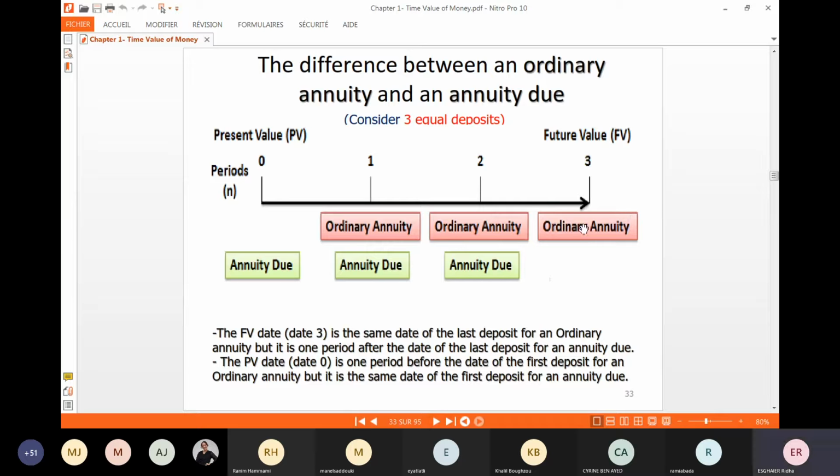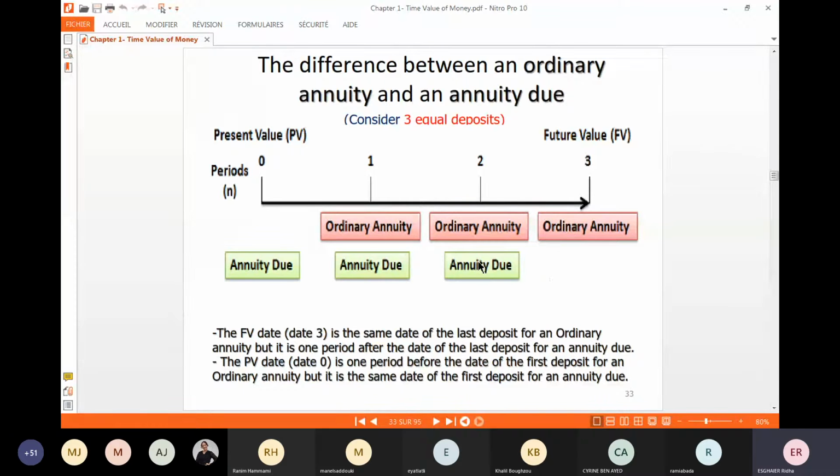Now, when the first amount of the annuity to be paid or received occurs today, the present value date coincides with the date of the first amount. In this case, we call this annuity an annuity due. And the future value date, in this case where we have 3 years, the date 3 is one period after the date of the last deposit.